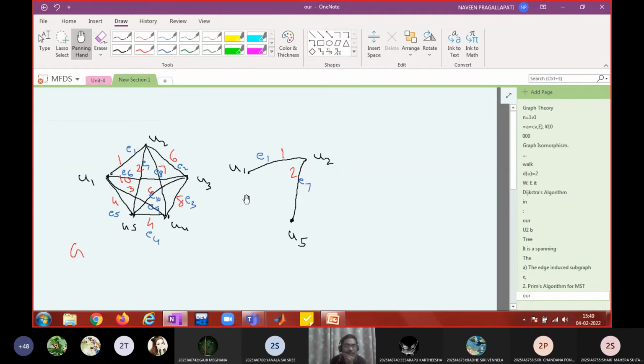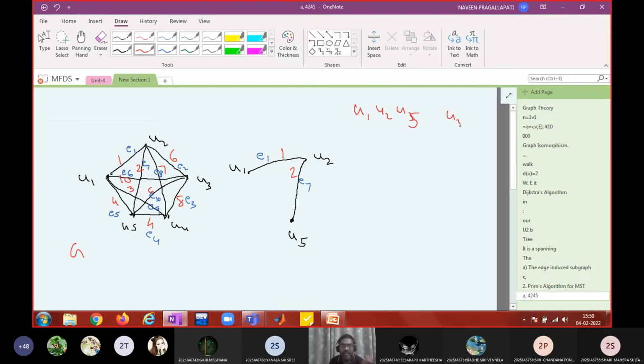Now you see the edges which are incident with these 3 and select the edge with minimum weight. One end of the edge is in this set, and the other end is in the complementary set, that is, the remaining U3 and U4. As of now we have U1, U2 and U5.